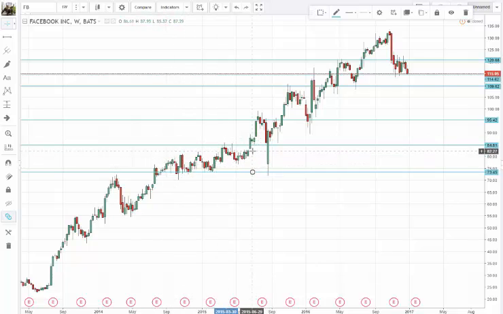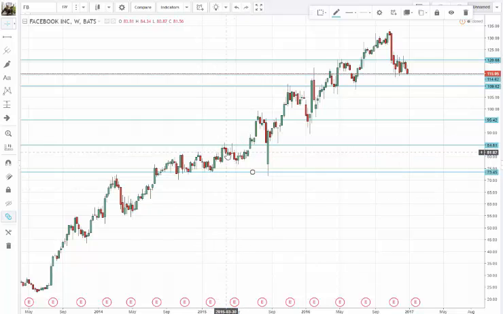This is from, let's say, the beginning of July, and it started in June. This is a week of 14, and this is almost a year. This is a very long range Facebook has traded in. So could be interesting if you want to range trade.